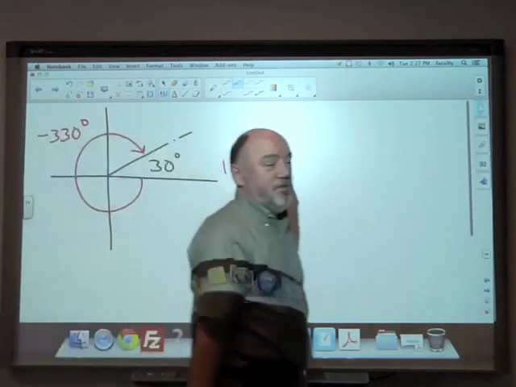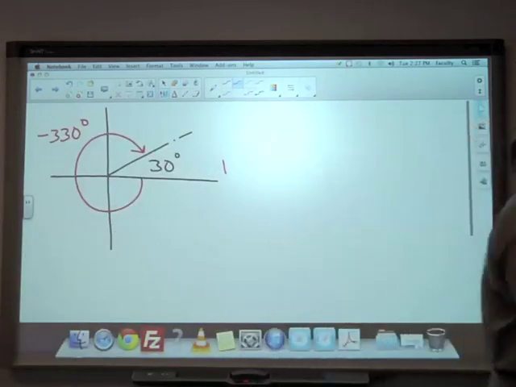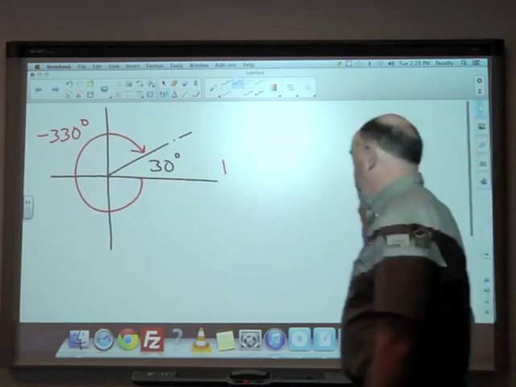So 30 degrees and negative 330 degrees get you to exactly the same spot. They are coterminal. You end up at the same spot.